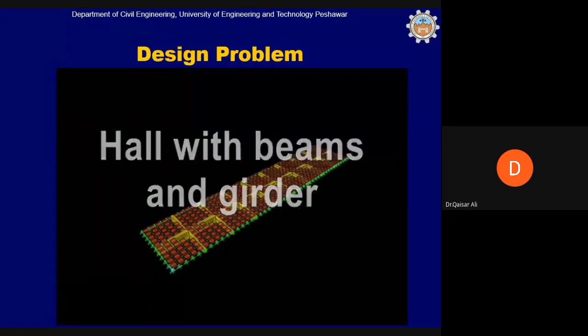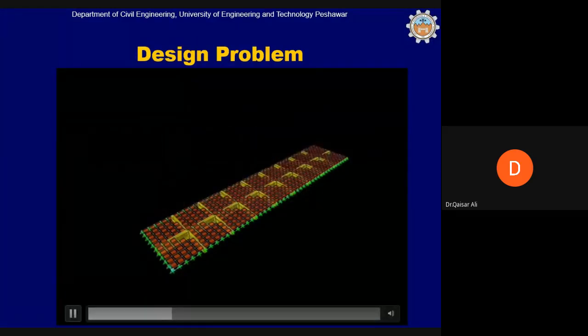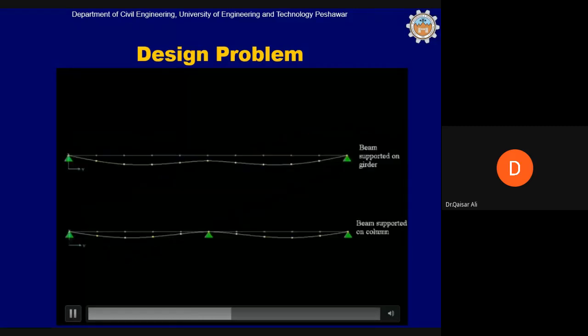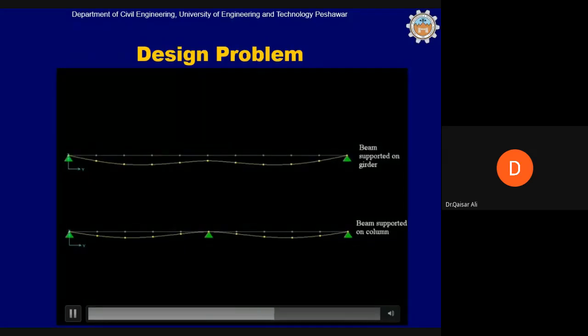Look at this animation now. These are the locations where the beam is supported on columns. This is a support which is assumed to be a column, and this support is acting as a girder. You can see that the girder and the beam are moving downward, while the column cannot come down.